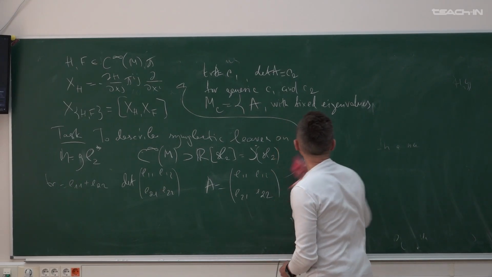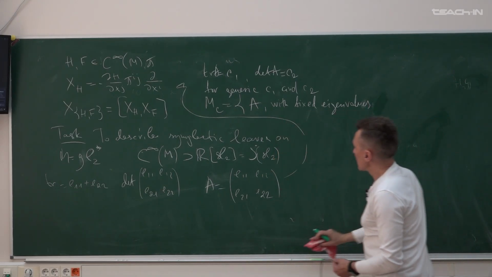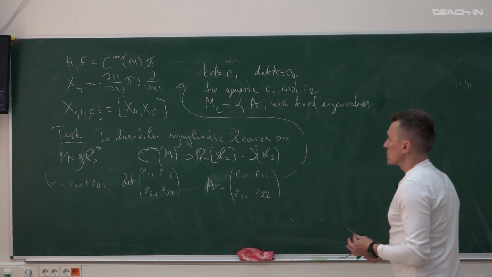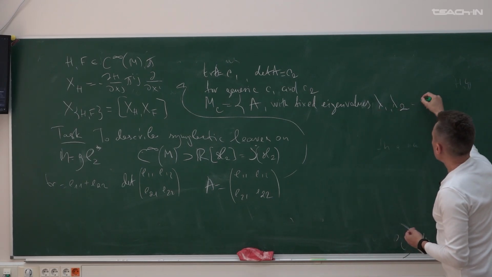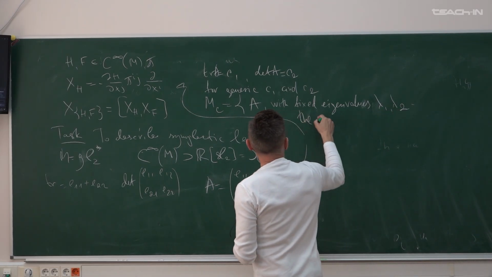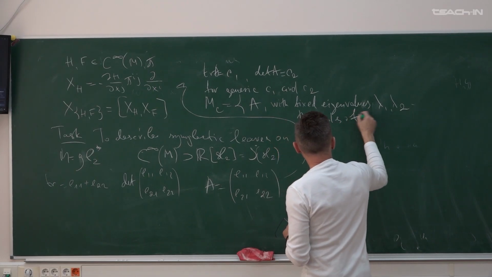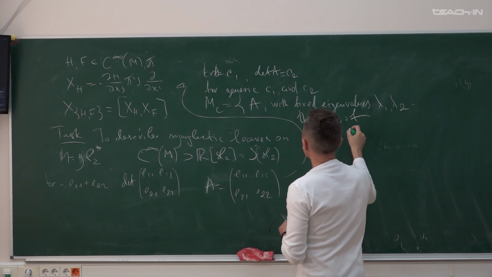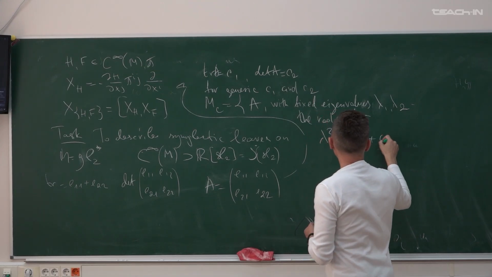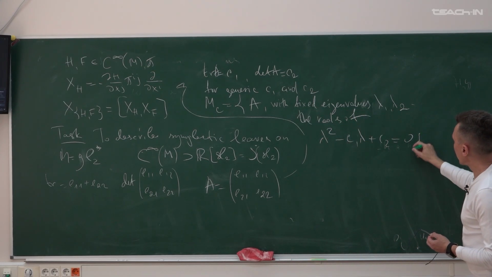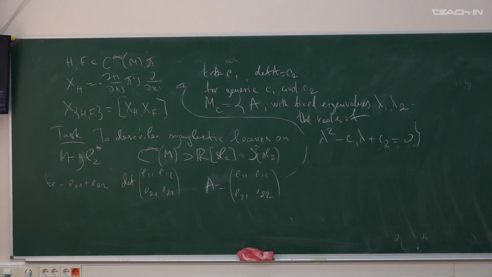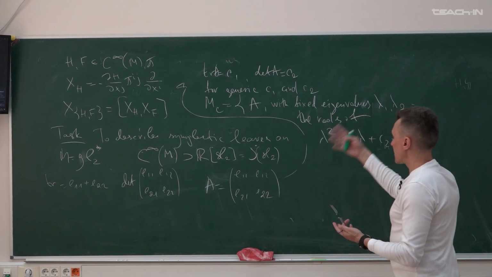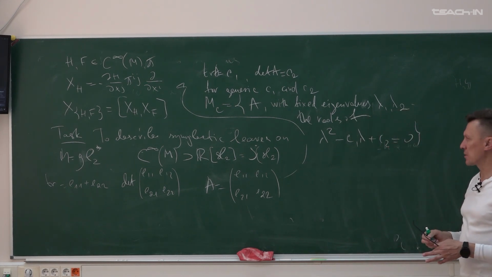You understand how the eigenvalues are related with numbers C1 and C2. The roots of lambda squared minus C1 lambda plus C2. Okay? Okay, yeah. Because we interpret C1 as the trace of a matrix and C2 as the determinant of the matrix.